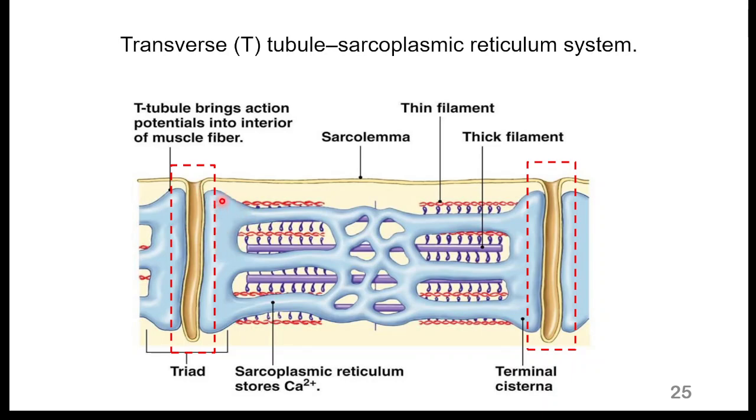You can see how the terminal cisternae is closely opposed to the transverse tubule. So it means that once the action potential is running down the transverse tubule, the action potential can easily spread to the terminal cisternae, and eventually cause the terminal cisternae to release the calcium when the calcium is needed. Okay.